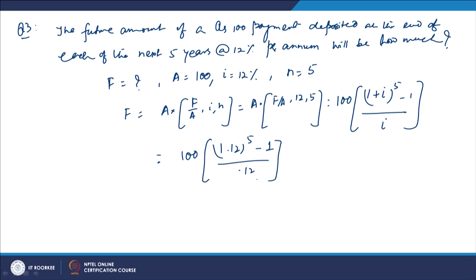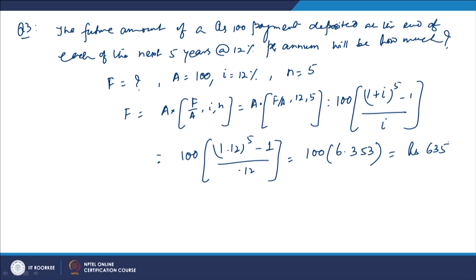This is basically the factor which is coming out by taking this formula, and that comes out to be 6.353. So, altogether it is coming as rupees 635.